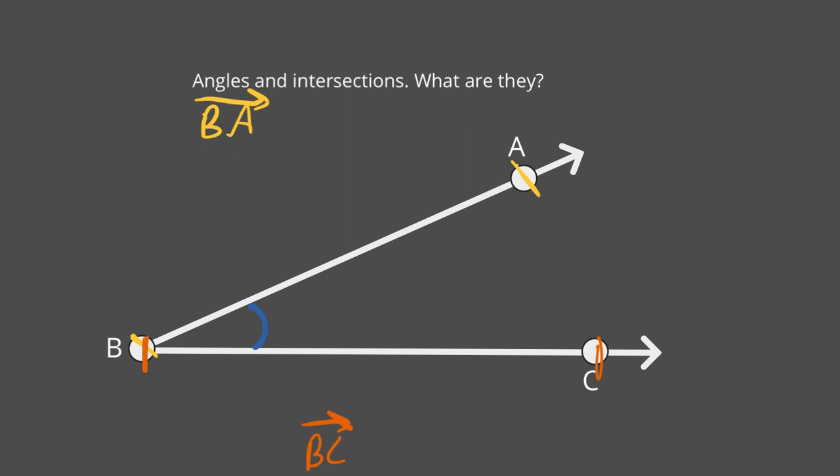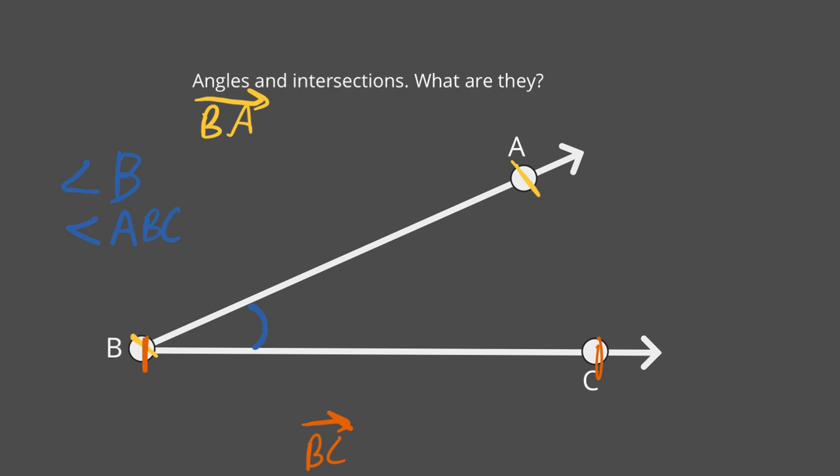And there's a couple ways to write this. If an angle is all by itself, we can write it simply as angle B. If there are other angles involved, or you simply want to write it differently, you can also write it as angle ABC.